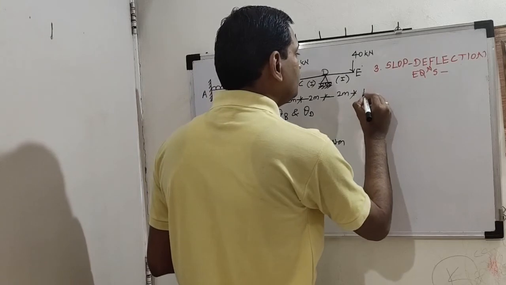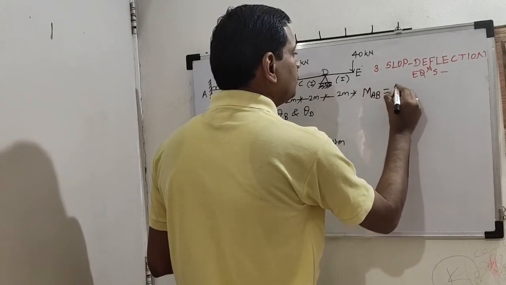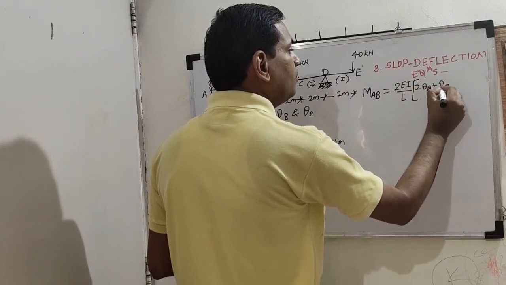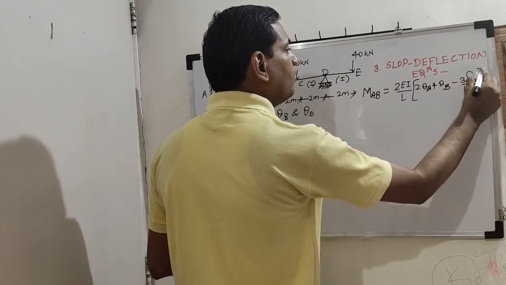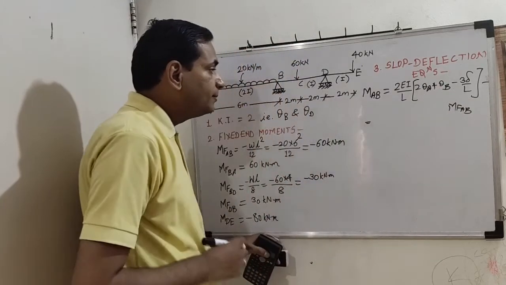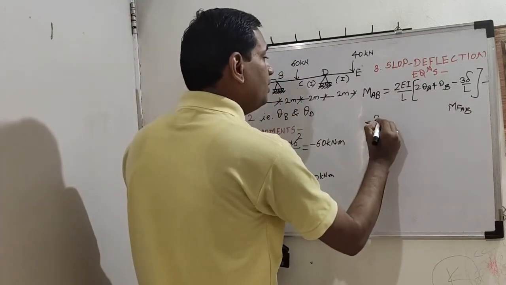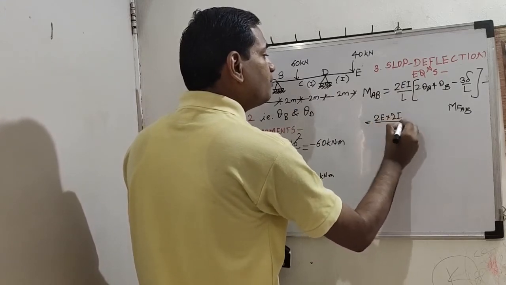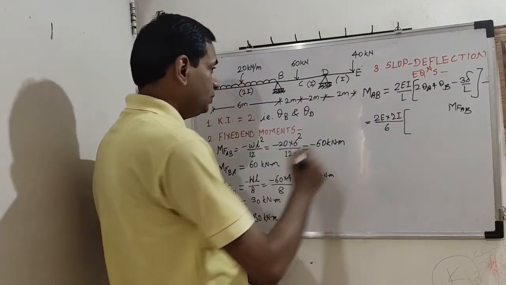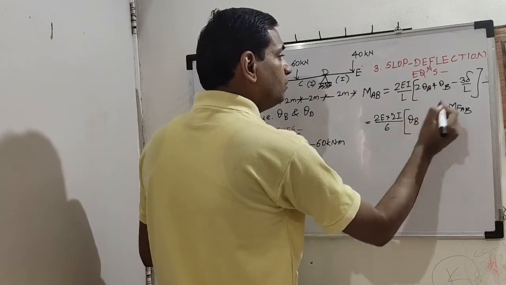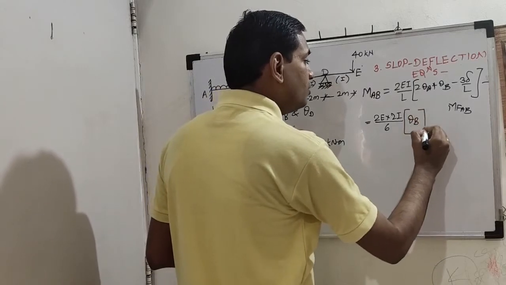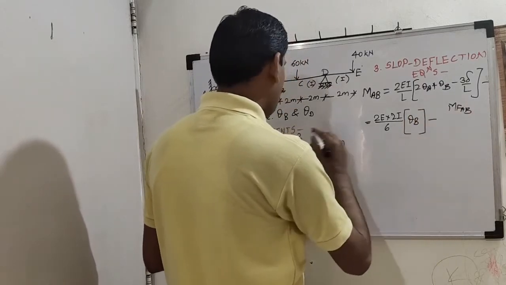So MAB, what is MAB? 2EI by L into bracket 2 theta A plus theta B minus 3 delta by L minus MFAB. Okay. So 2E into 2I. Carefully substitute the value, because the I value for span AB is 2I. Theta A is 0, so there is theta B. Delta, there is no delta because there is no sinking given. If it is not given, we will assume that it is 0. So minus MFAB is minus 60.